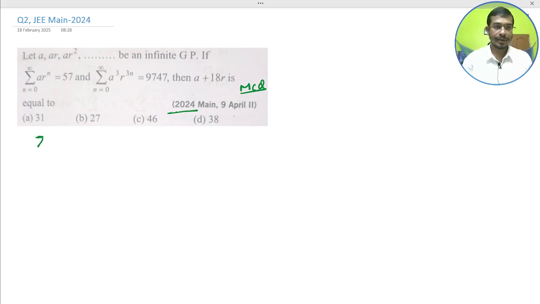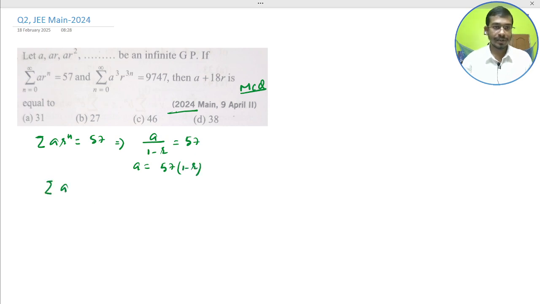So here, given the summation of a r to the power n is equal to 57, that implies a by 1 minus r is 57. So a equals 57 times (1 minus r).